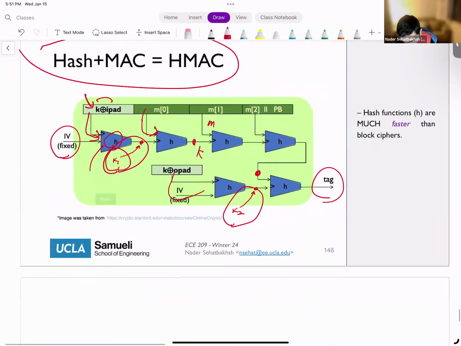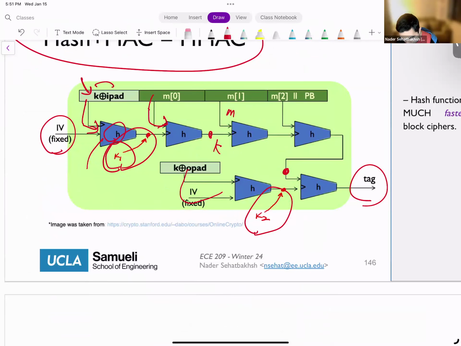I generate the second key again with the K. The reason I said that I have a different XOR is to generate two different keys. So there is this IPAD and OPAD that's securely generated, and then we hash this again with the initialization vector, and this will give me a different key, and then I use that in order to generate the tag.